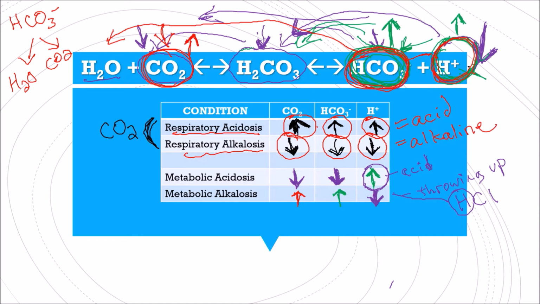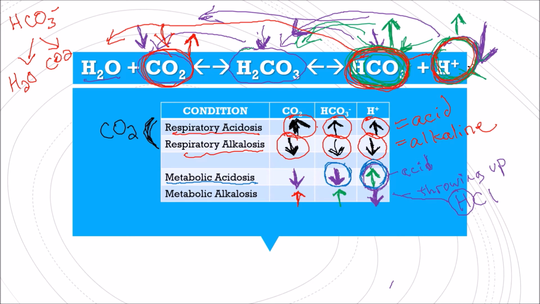In metabolic acidosis, it starts with your bicarb. Your bicarb goes down. If your bicarb goes down, that means your hydrogen levels are going to go up because there's no bicarb to check it.